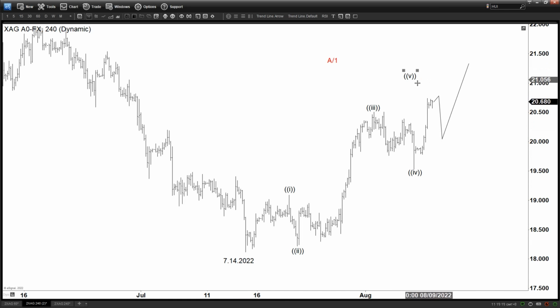There are a couple of possibilities. Either the extension higher is still within a 5 waves up, like this, 1 2 3 4 5, ending 5 of A here. That's another possibility, right?